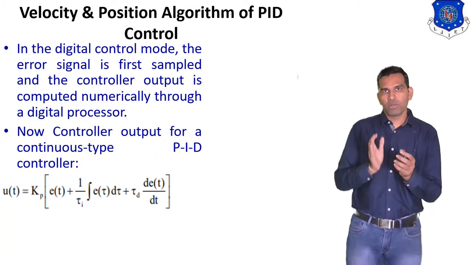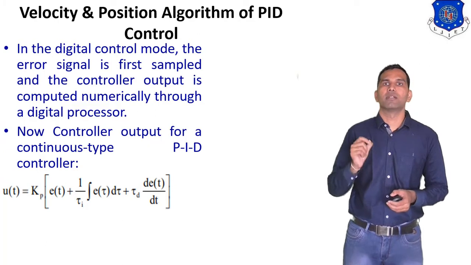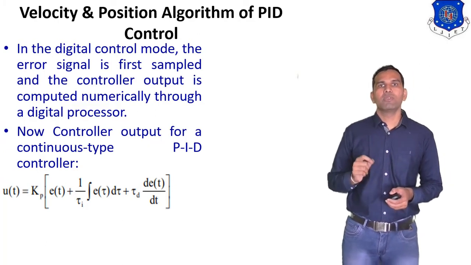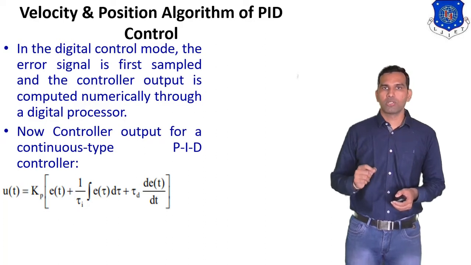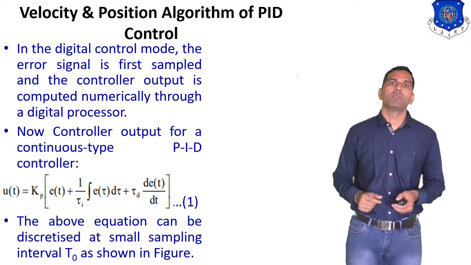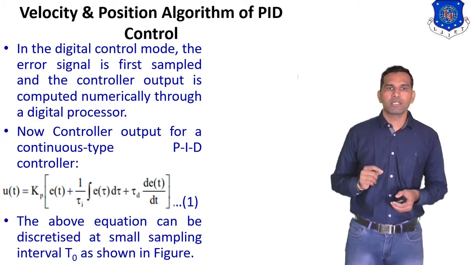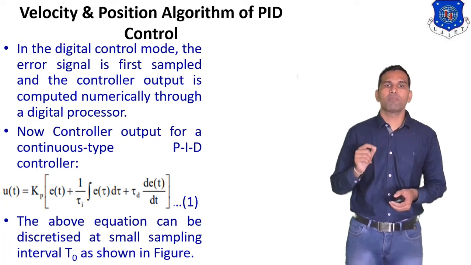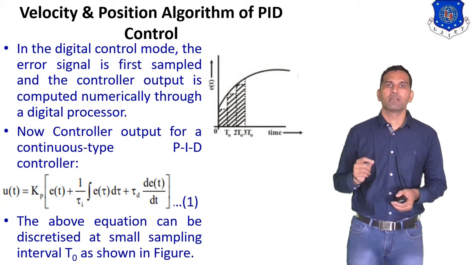That means up to now we discussed the continuous process of the PID controller. Now here we start a discussion about the discrete process. So this equation indicates the discrete approach of the PID controller. The above equation can be discretized at a small sampling interval t0 as shown in the figure.